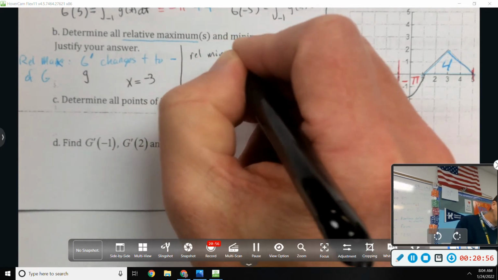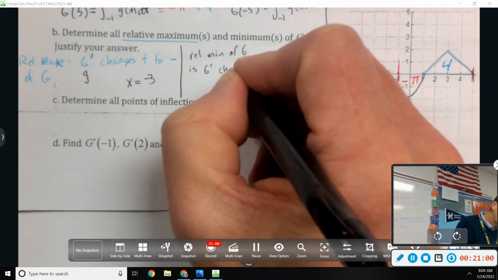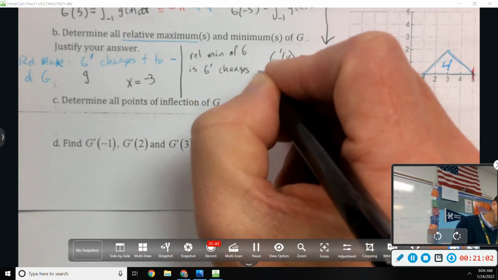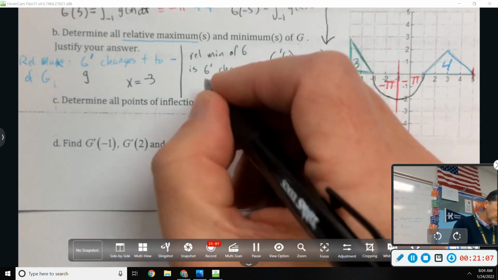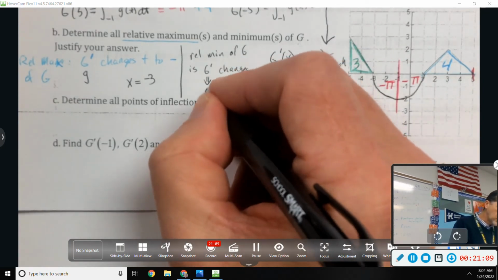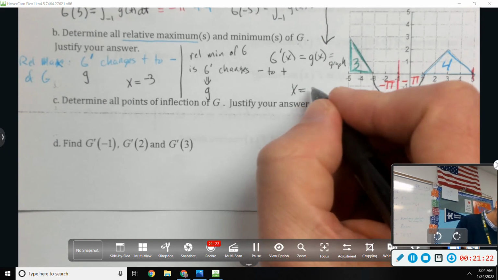Relative min of big G is where big G prime changes negative to positive. But we just said that big G prime is the same as little g. So where does little g change from negative to positive? At x equals 1.